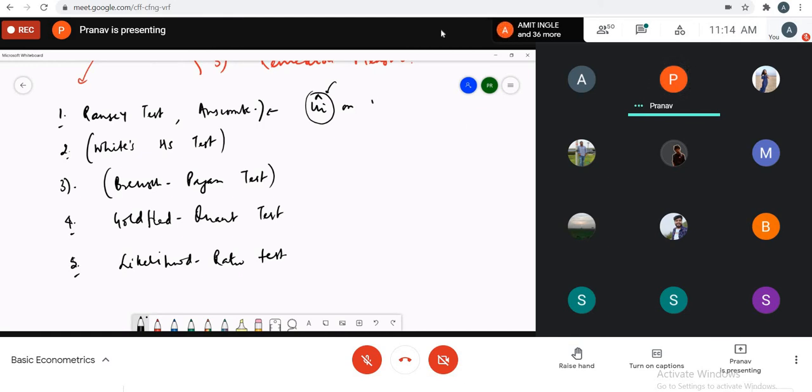That is y hat square, y hat cube, and so on and so forth.